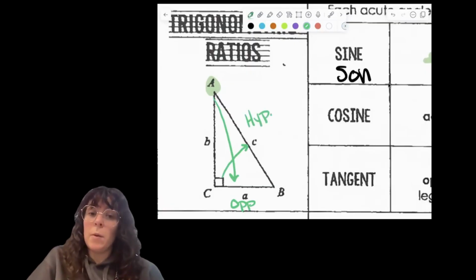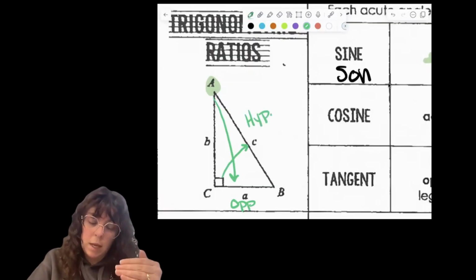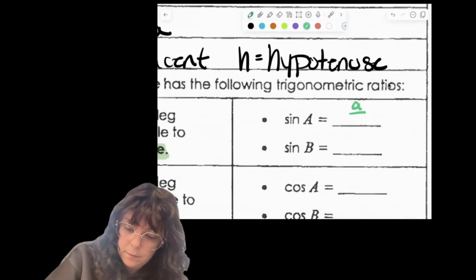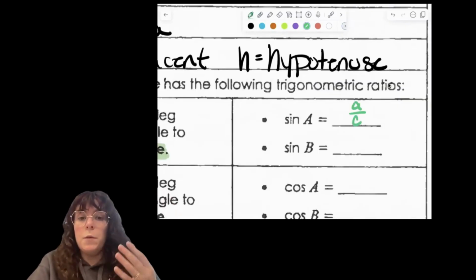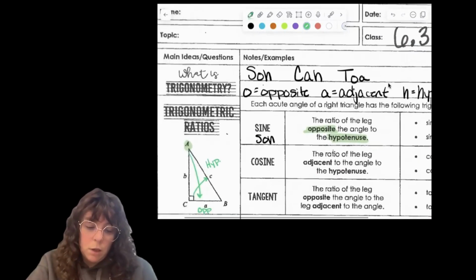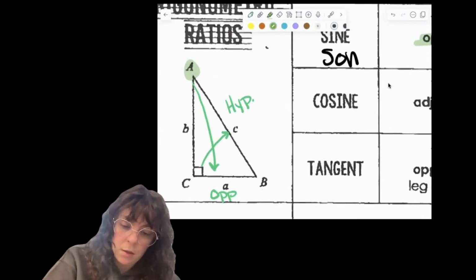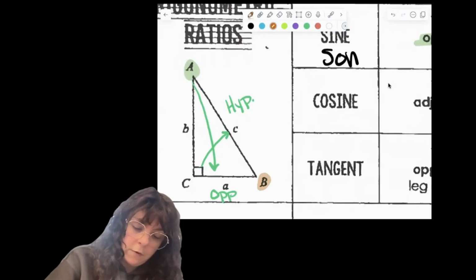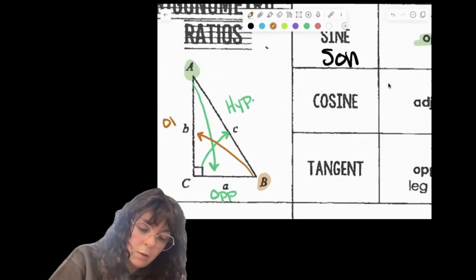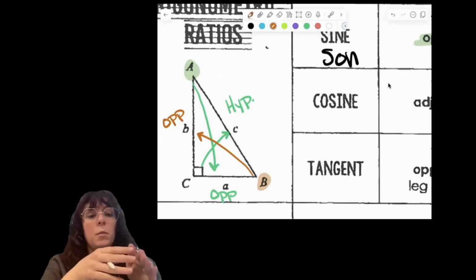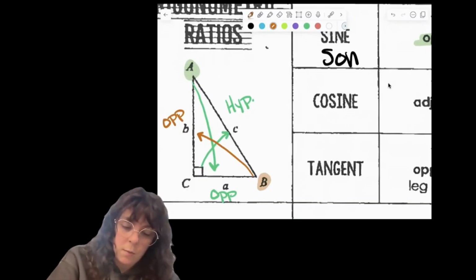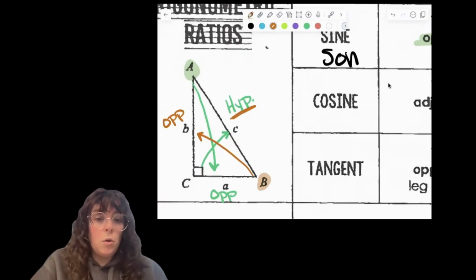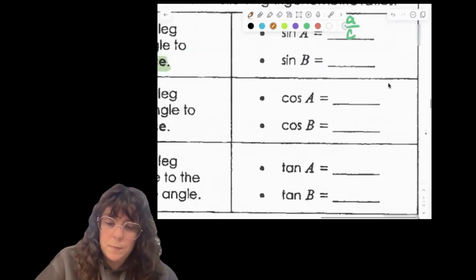So that ratio would be A over C. For angle B, again it is the side across from it over the hypotenuse, which is always across from the right angle. So here I would have B over C.